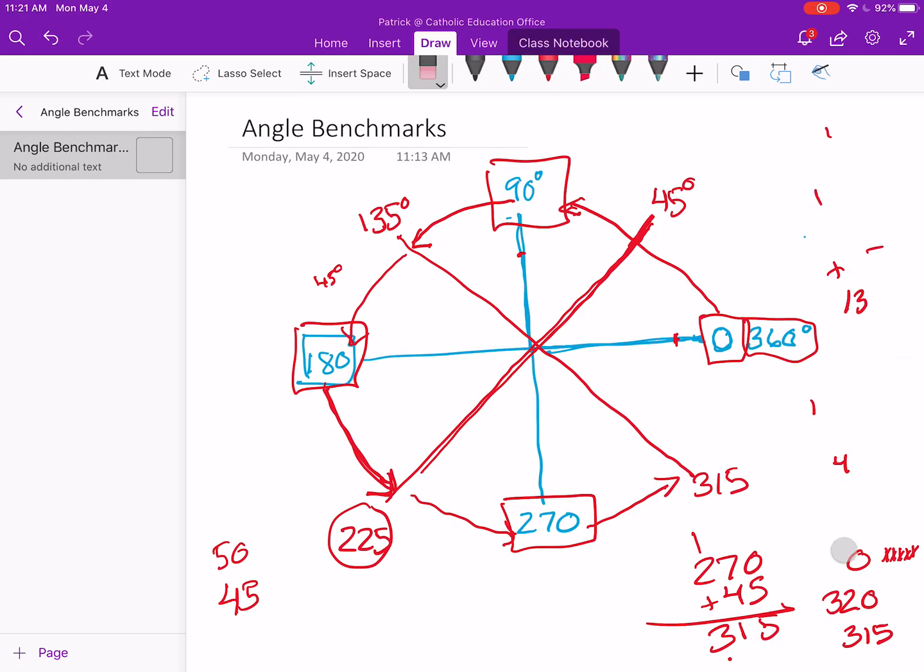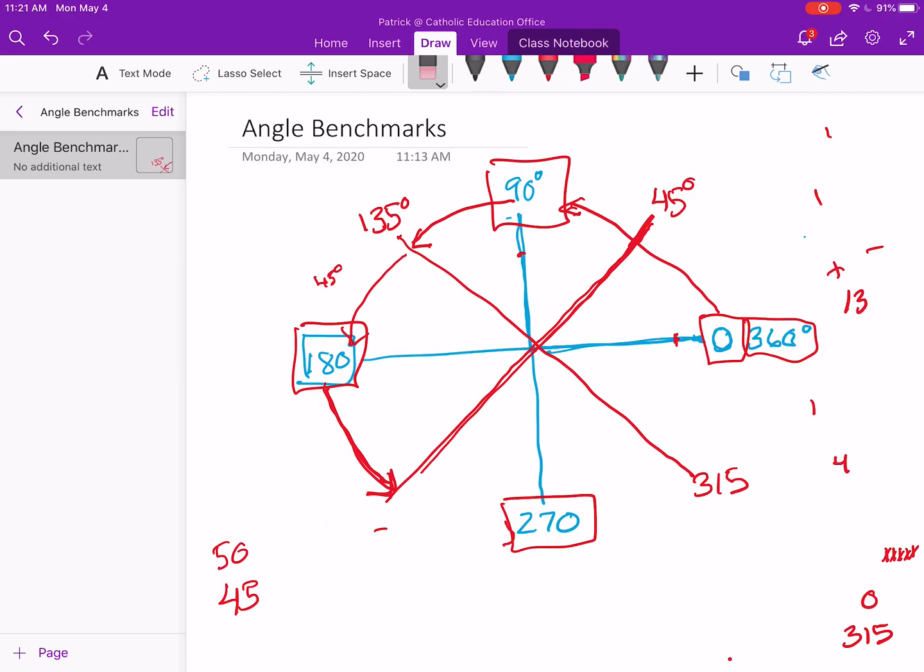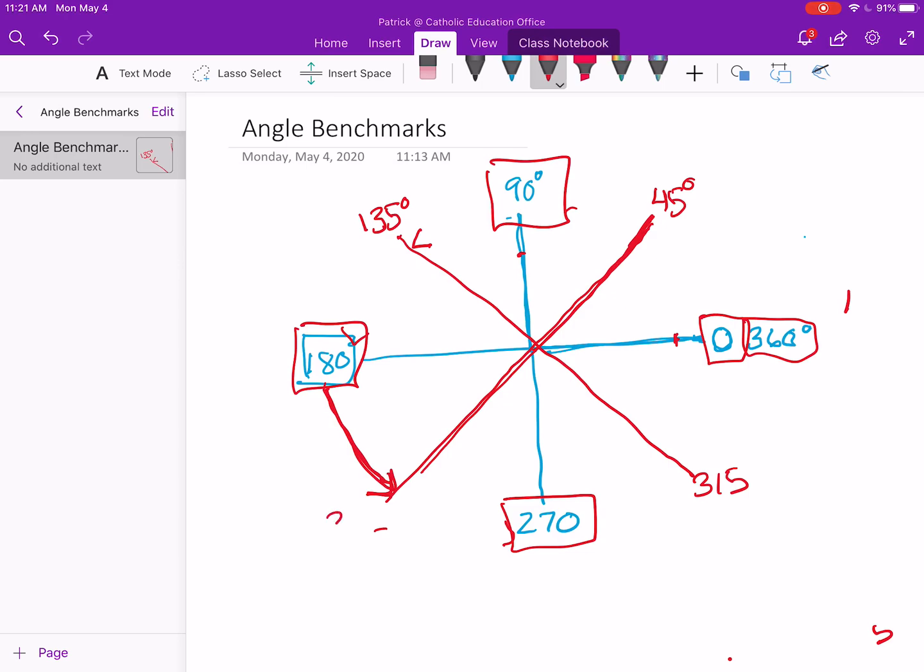So let me just clear some of this stuff out of here so it's a little more clear. You can see here that the most important numbers, 225, these are the most common angles that we use as benchmarks to figure out or estimate what other angles are.